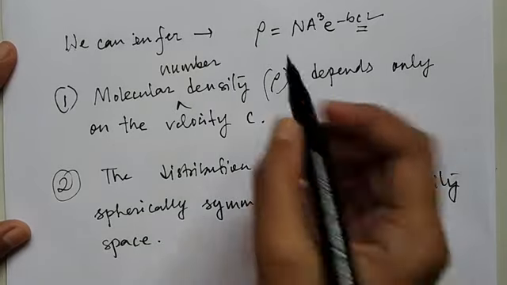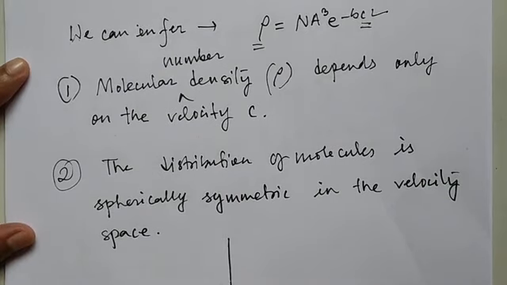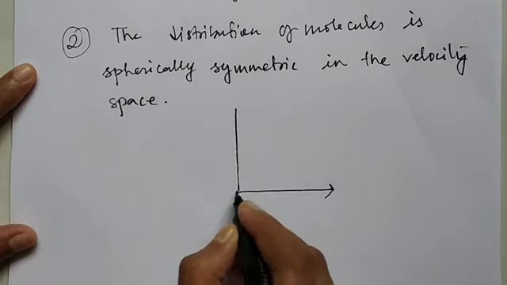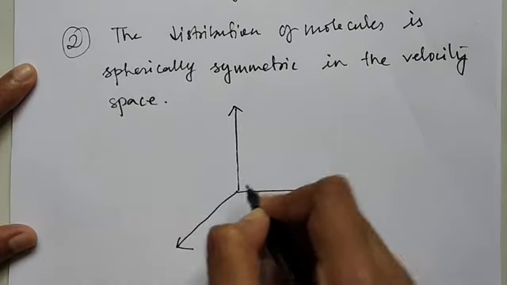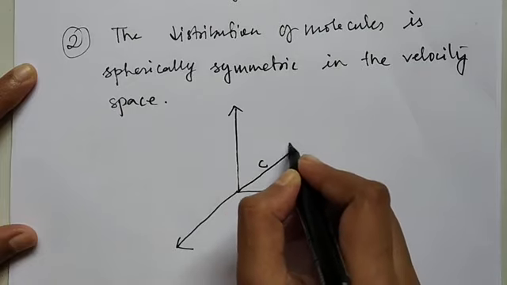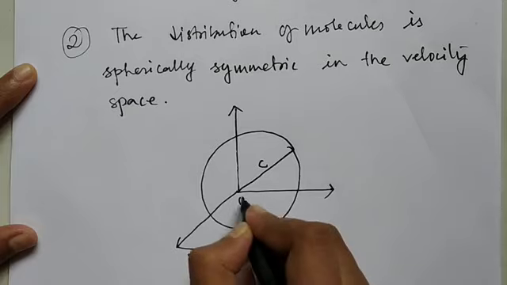Now, as this number density depends only on c, if we draw a sphere of radius c in this velocity diagram.